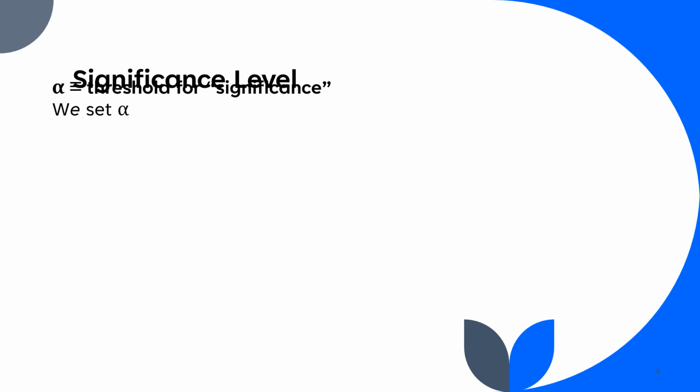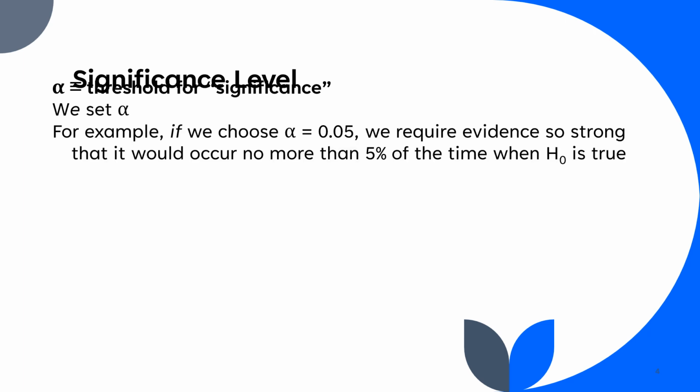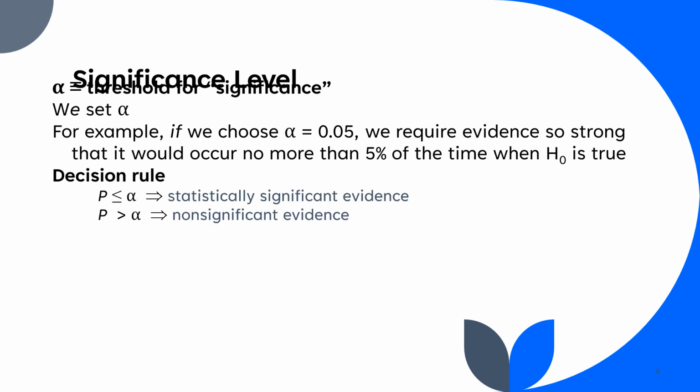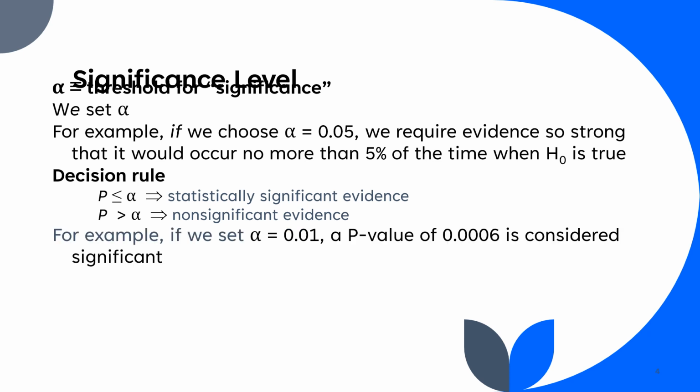This is the alpha sign, the threshold for significance, or we set the alpha. For example, if we choose alpha 0.05, we require evidence so strong that it would occur no more than 5% of the time when the null hypothesis is true.